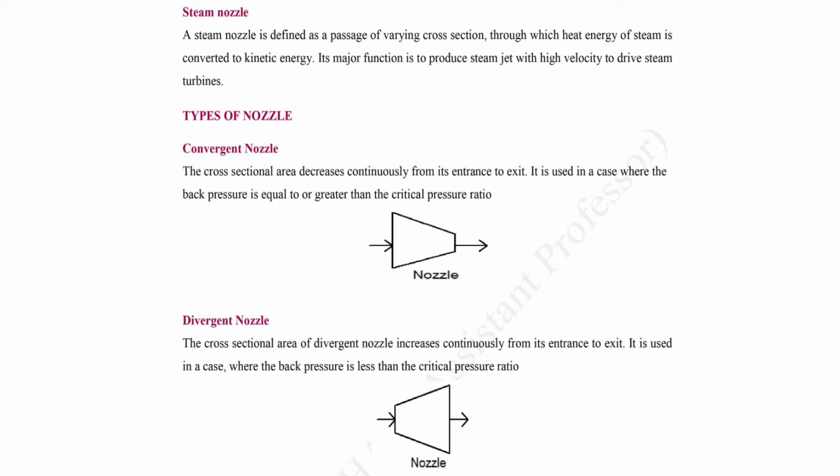First one is the convergent nozzle. This is a common type of nozzle. The cross-sectional area decreases continuously from its entrance to exit.